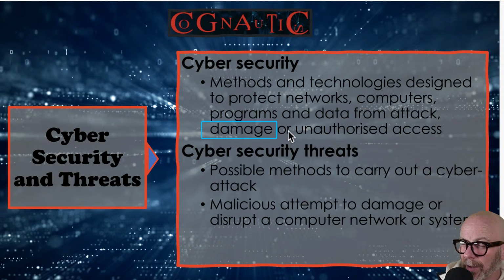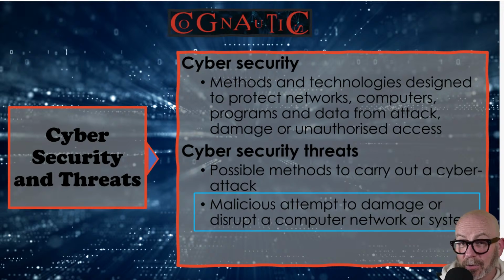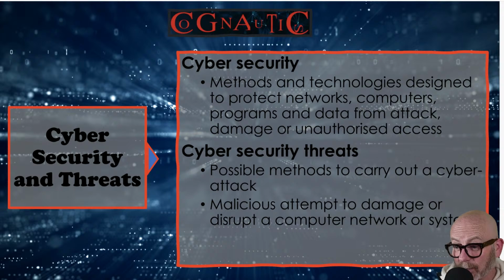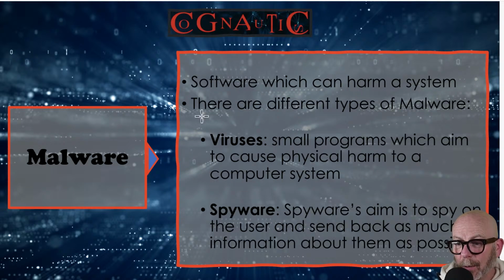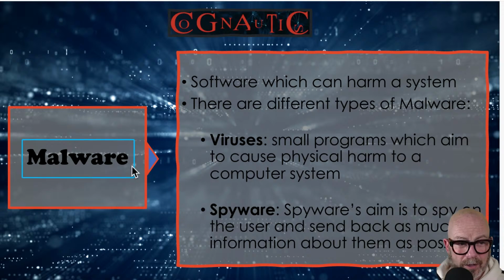So that's the sort of area we're looking at here. And when we talk about security threats, it's the methods that people employ to carry out a cybersecurity attack, all right? And it's often a malicious attempt to damage or disrupt a computer system or network, all right? And we're going to look at viruses, and we're going to look at, I don't know why spyware is there quite randomly, but what I want to draw your attention to is this word here, which is malware.